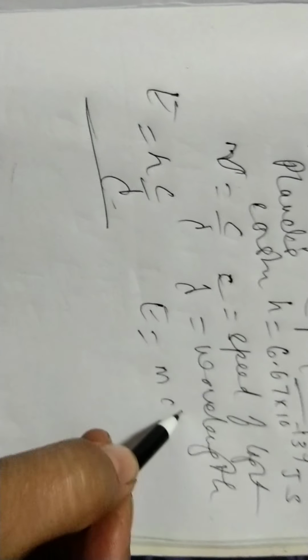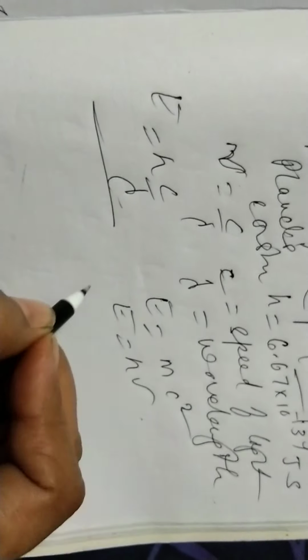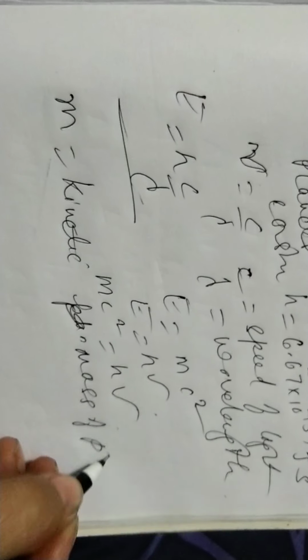At the same time, from Einstein's energy equation, we have E equals m c square and E equals h nu, so m c square equals h nu. Here m is the kinetic mass of the photon. The rest mass of the photon is 0. So we have m equals h nu by c square.